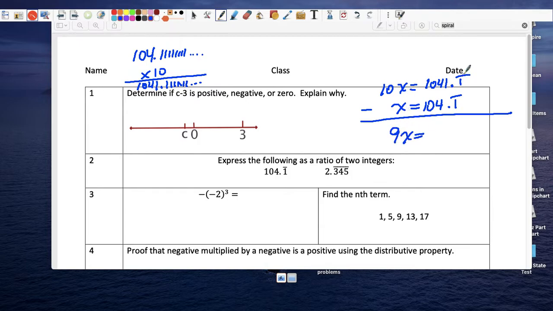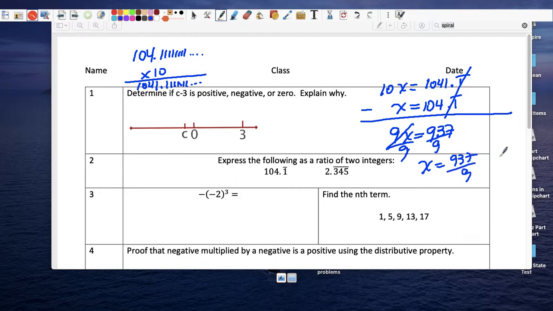If I subtract this, the repeating parts go away, and 1041 minus 104 is 937. Divide both sides by 9, and x equals 937 over 9.